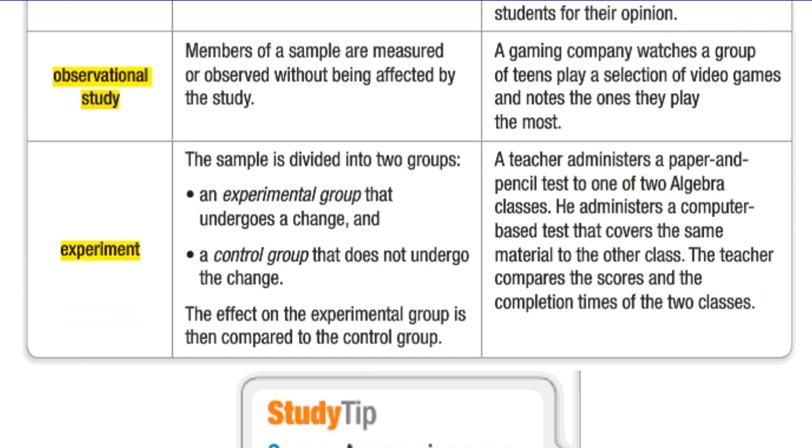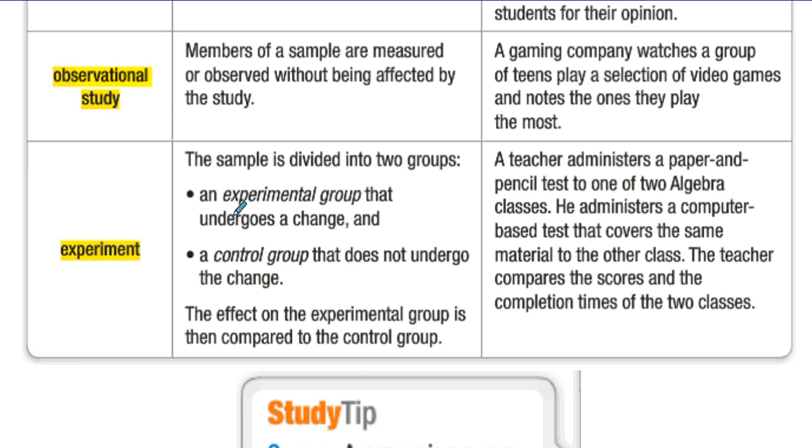An experiment is when you do control the groups because you're actually splitting them into different classes. So in an experiment, the sample, the people that we select, or the things that we select, the participants is the term, are divided into two groups. The experimental group, that's the group that actually undergoes a change, and then there's the control group. That group is supposed to be representative of the population without any change adhered to them.